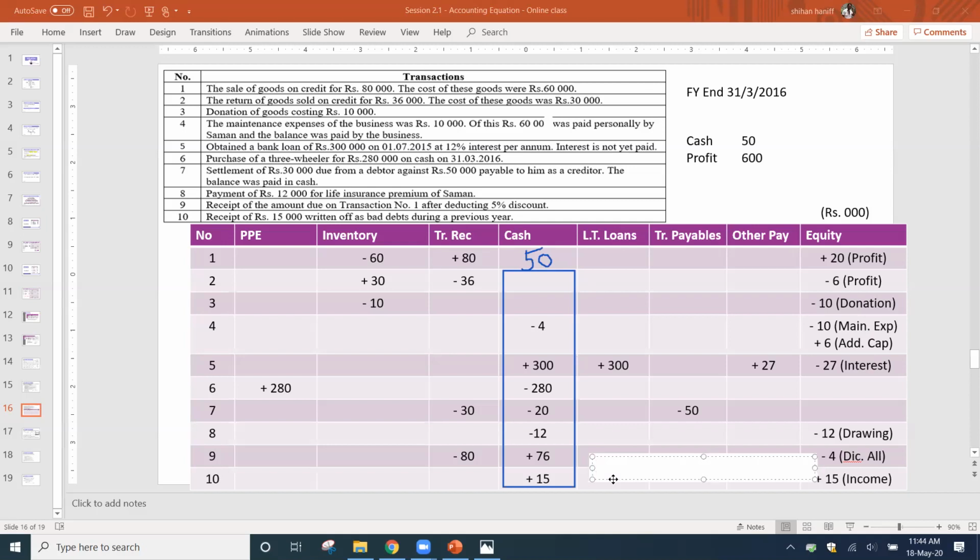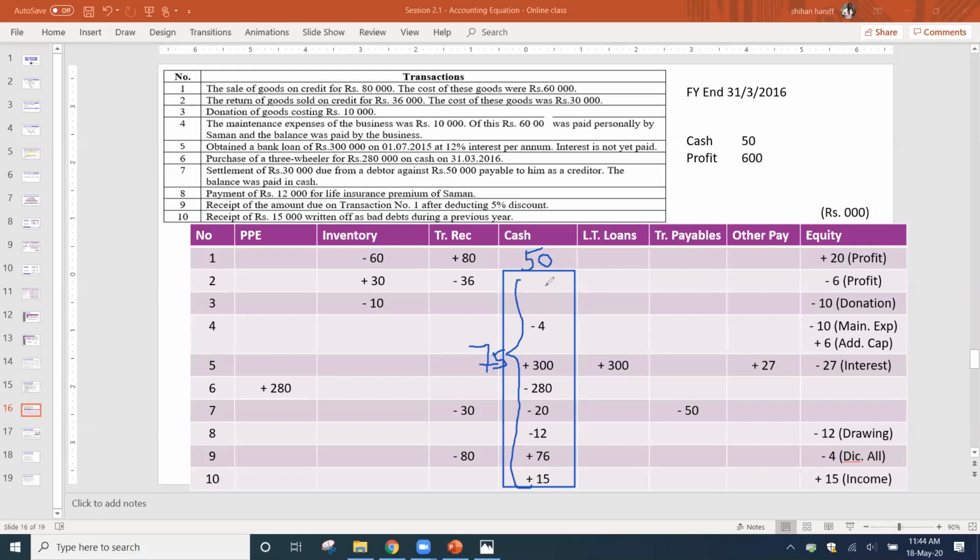50 minus 4 plus 300. So the effect on this is 75. 75 is this.